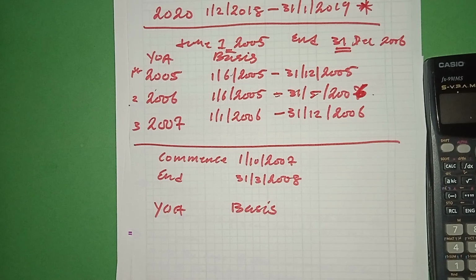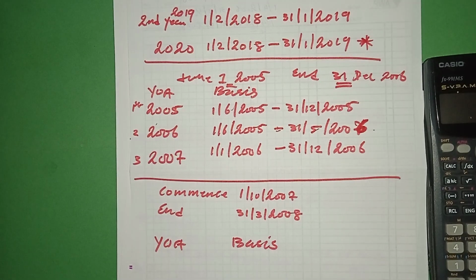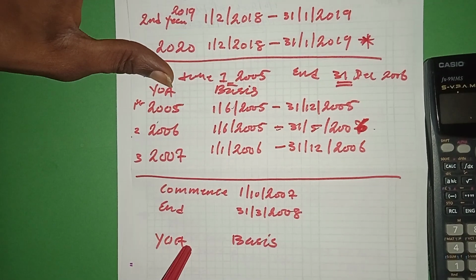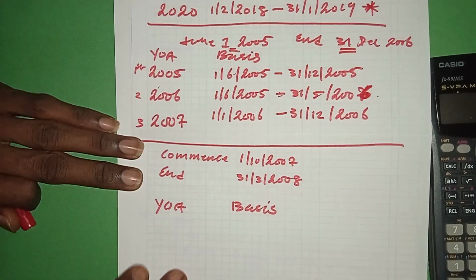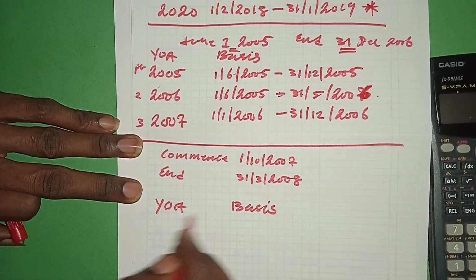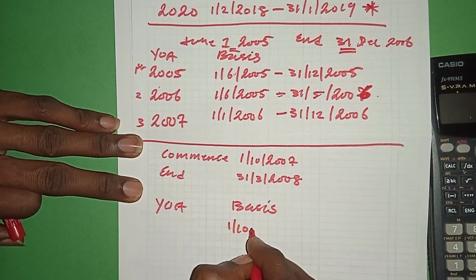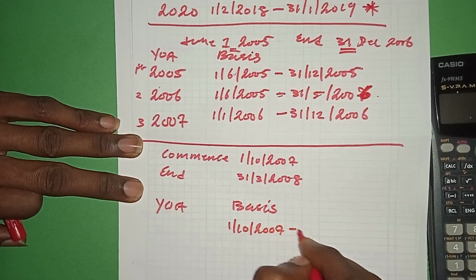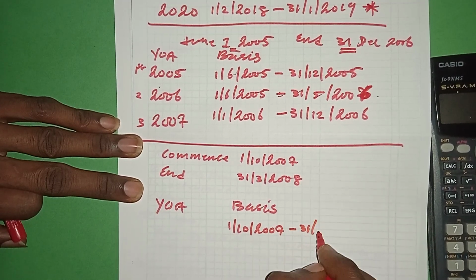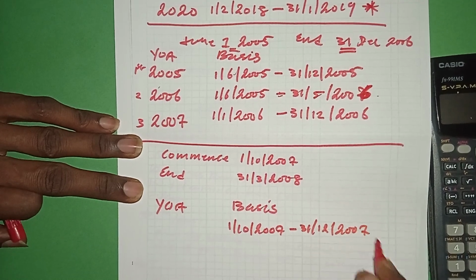I've given you one example where we cannot repeat the 3rd year. But now this example is where we can repeat the 3rd year. Now listen. 1st 10/27 to 31st 12/27.